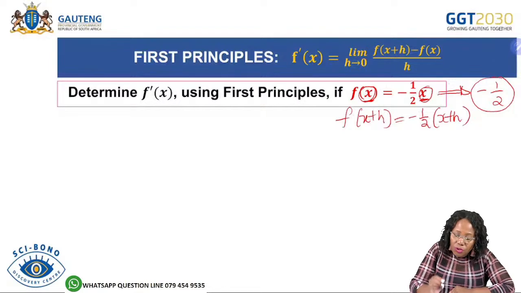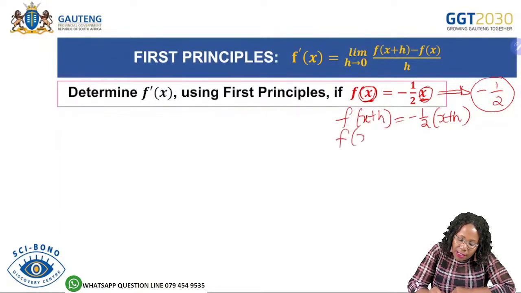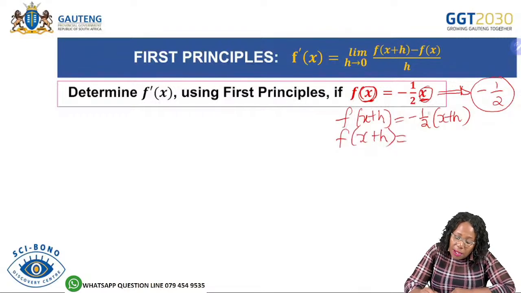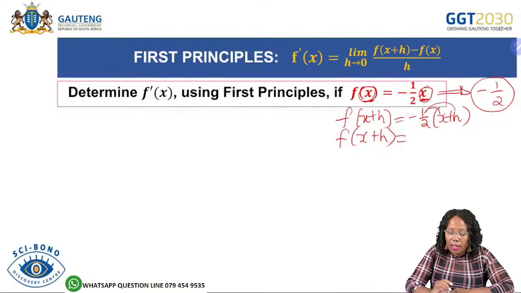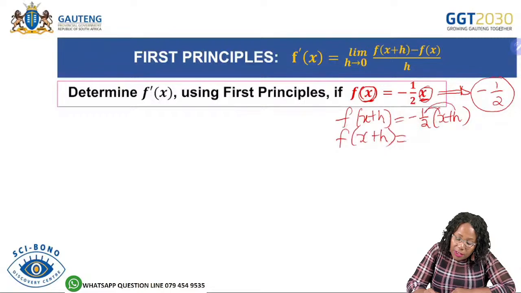Minus half times x plus h. Right, after substituting, you need to remove the bracket now, grade 12. Ensure that you remove the bracket on your f at x plus h by multiplying this number into both x and h. So minus half times x is minus half x, and minus half times h is minus half h.